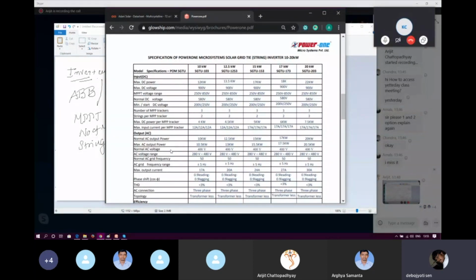You can see that the maximum input current it can take is 12 ampere. Below you can see the output. In the output you will find the nominal AC voltage, that is it will give an AC voltage output of 400 volt, and the maximum output current is 17 amps.